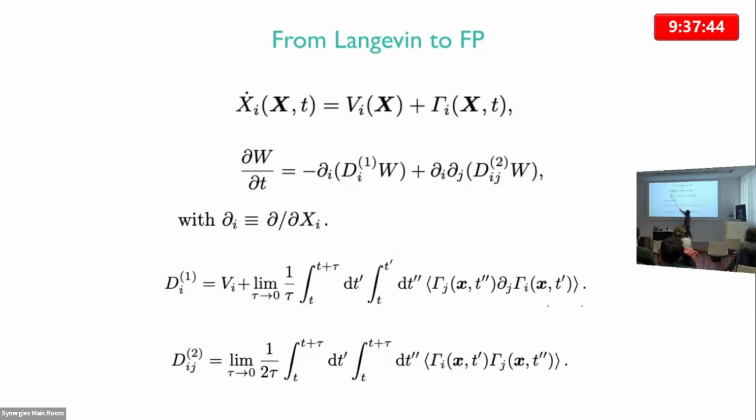So there is a way to go from the Langevin equation to a description of the probability distribution of the orbital parameters in terms of two different parameters, which are called the drift and the diffusion coefficient.